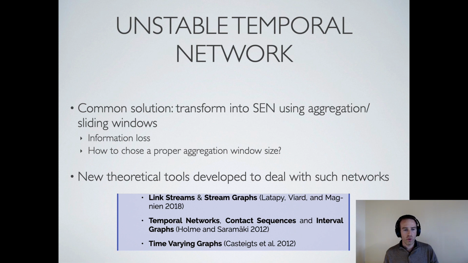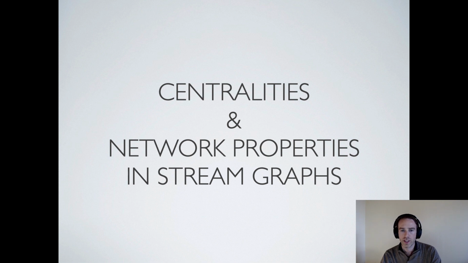That's why new theoretical tools have been developed to deal with such networks. The 3 papers in particular that I presented really introduce how to deal with those networks, and you can refer to them if you want more details. In this class, I will talk about network properties in stream graphs.